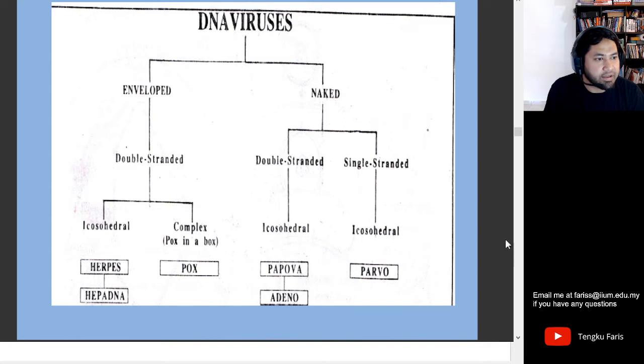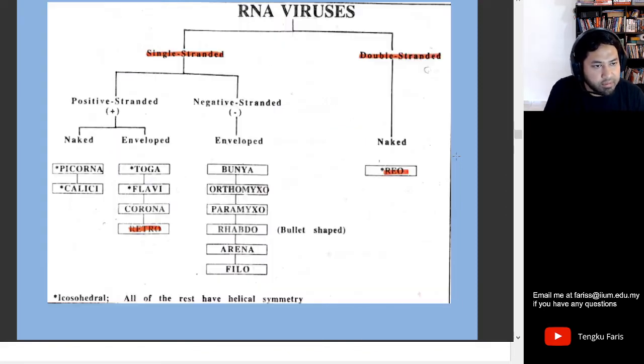Again, this is a simpler form for you to digest. If you talk about the DNA viruses, just previously I've shown you the complex DNA viruses too, but this is the earlier, classical, simple categorization of DNA viruses, whether they are enveloped or naked.